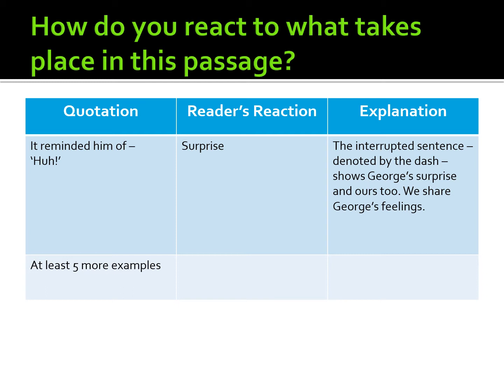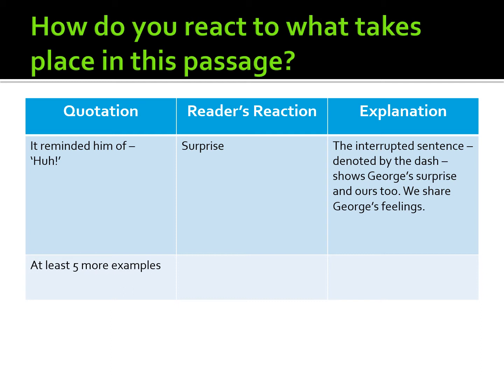So what I'd like you to do, ladies and gentlemen, is draw this table in your books. You're going to have a column for quotations, a column for the reader's reaction, like I've said, surprise, shock, and a column for your explanation. What is your explanation of the quotation that you've used?